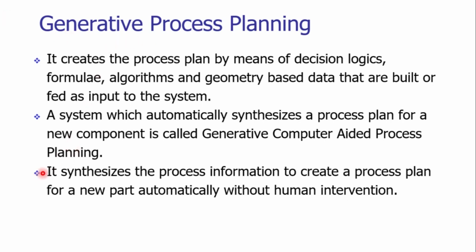When we do this activity, we are taking help of various engineering formulae, engineering principles, algorithms, geometry based data, and based upon that we are generating a fresh, original process plan for each and every part that will be added.